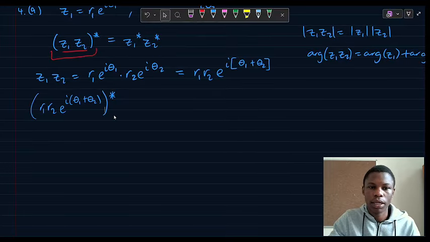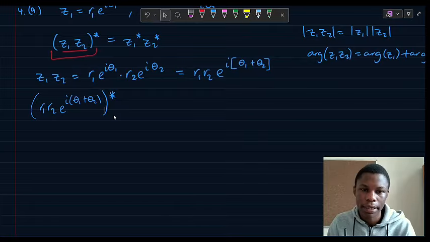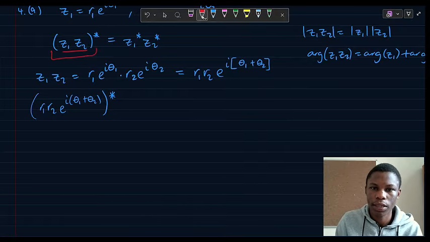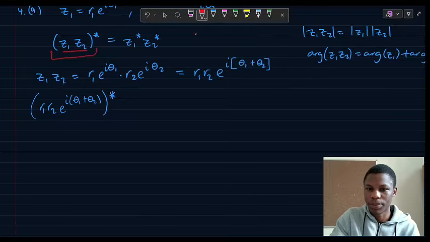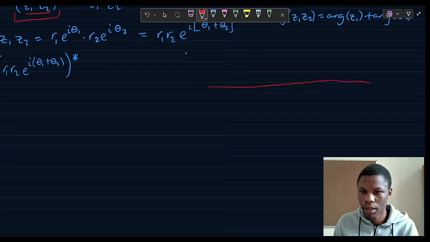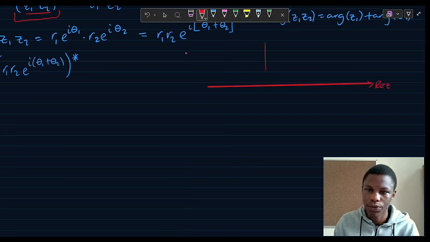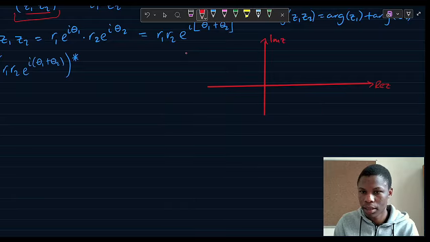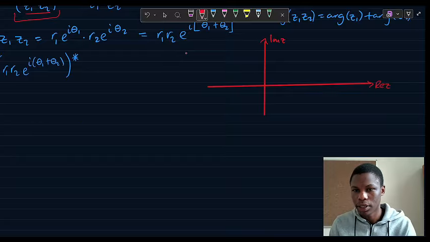Right. So the conjugate of that is going to be, we just need to make our argument negative. But we'll look at it if I sketch it out. Let's say we've got our real axis here, and we've got our imaginary axis. Let's say I've got some complex number 1 plus i.